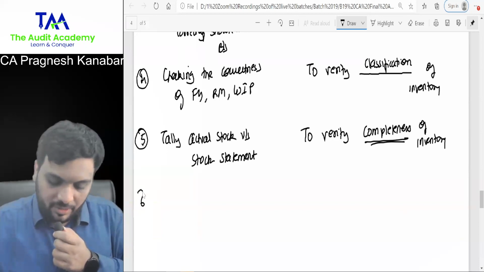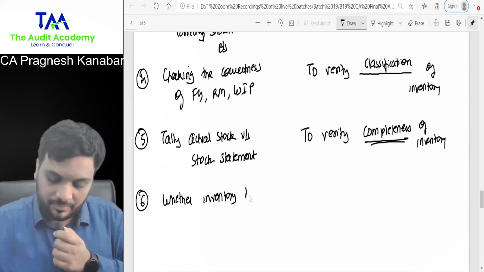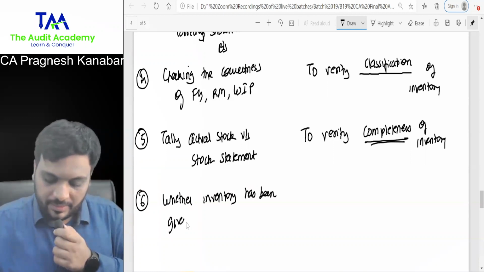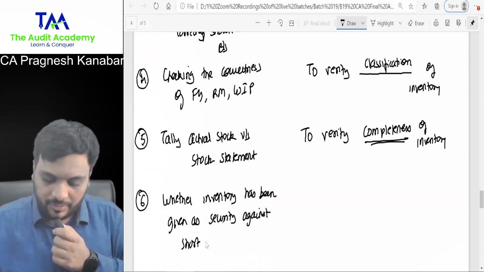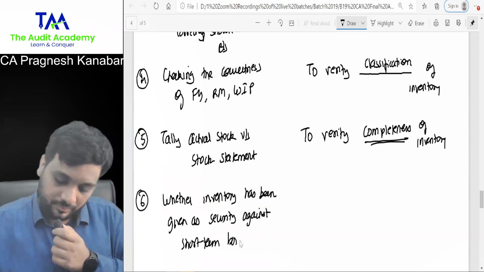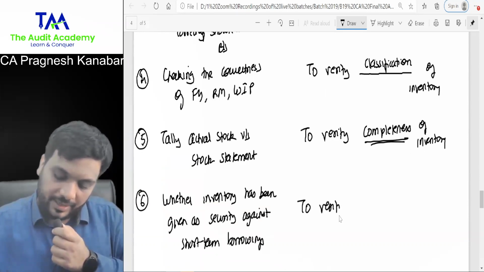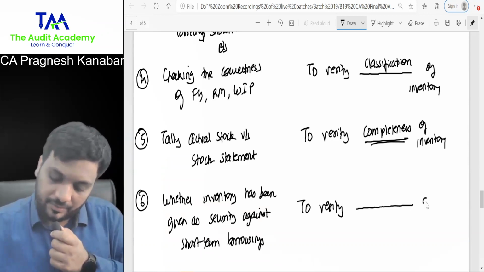So I am trying to verify whether inventory has been given as a security against short-term borrowings.